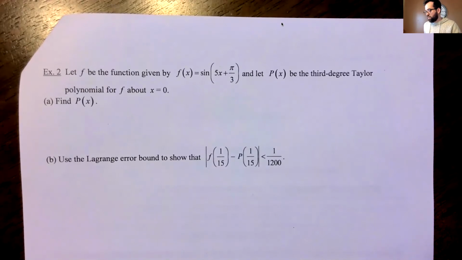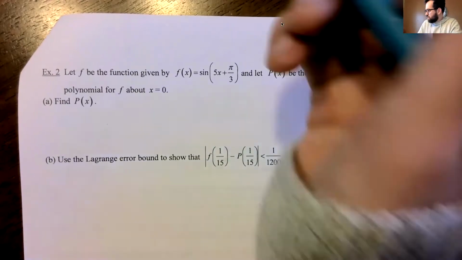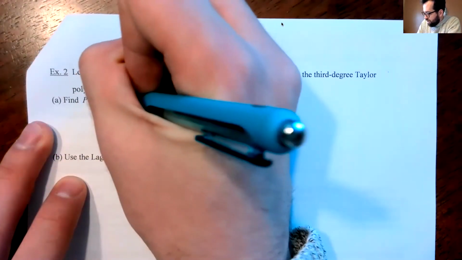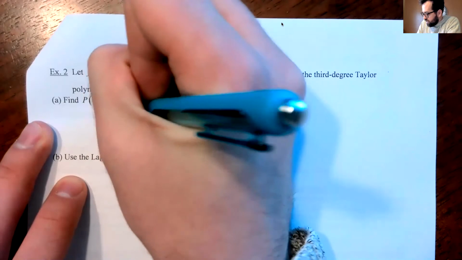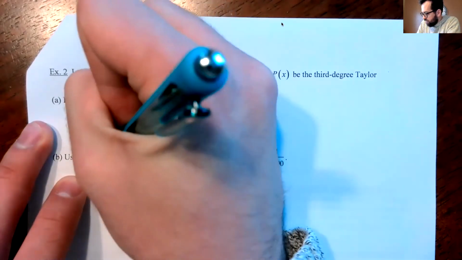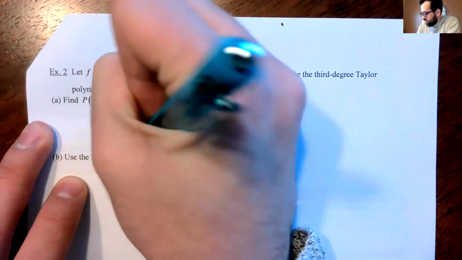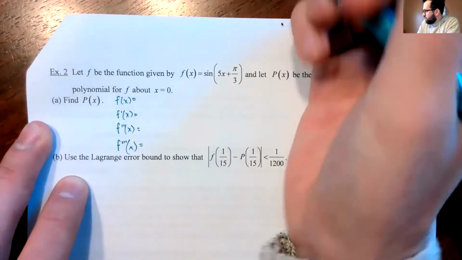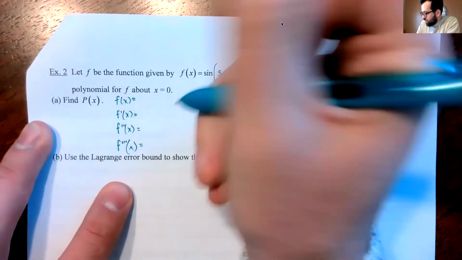We're going to make a Taylor polynomial, and it's going to be third degree. We're going to need the initial function and the first 3 derivatives of f of x. So I'm going to write that out first. So we're going to have f of x, f prime of x, f double prime of x, and f triple prime of x. So we've got sine of 5x plus pi over 3.